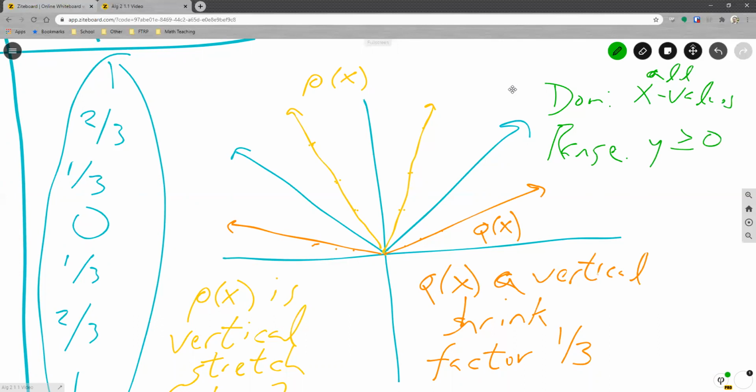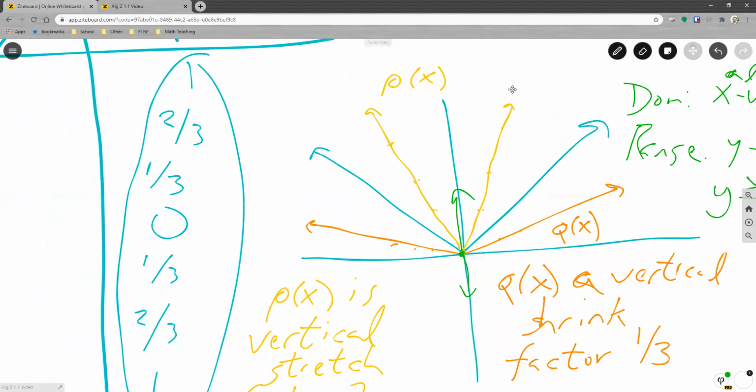And for the q of x, the flatter one, it's also going to be y is greater than or equal to 0. So the domain and ranges on these two match because this point here hasn't been moved up or down by a translation. And the direction that the graph is pointing hasn't been flipped by a reflection. So the range stays the same.